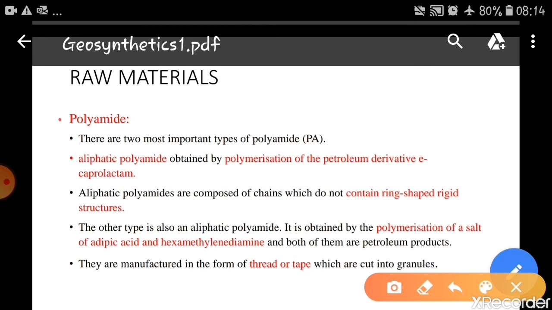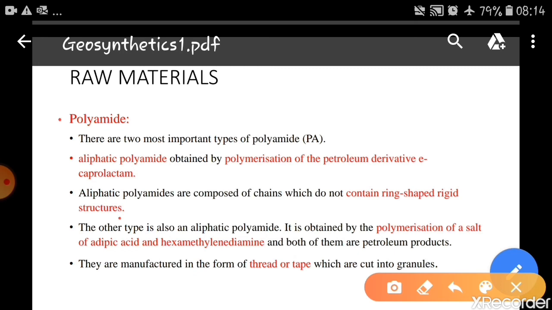One is an aliphatic polyamide, which is obtained by the polymerization of the petroleum derivative caprolactam. Normally all these geosynthetics are products of petroleum. These aliphatic polyamides are composed of chains which do not contain ring-shaped rigid structures.